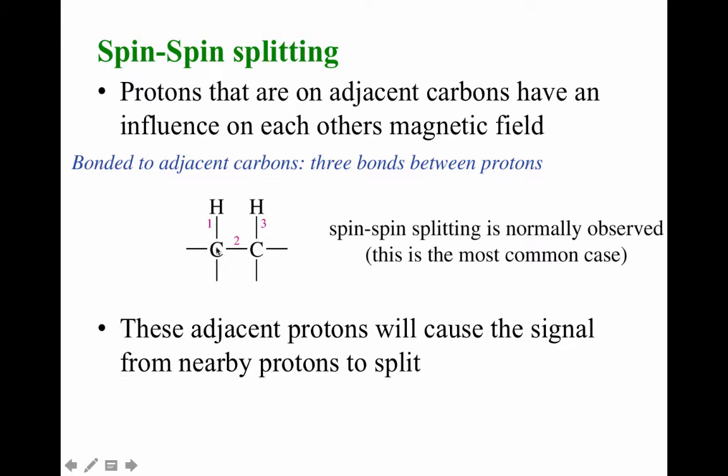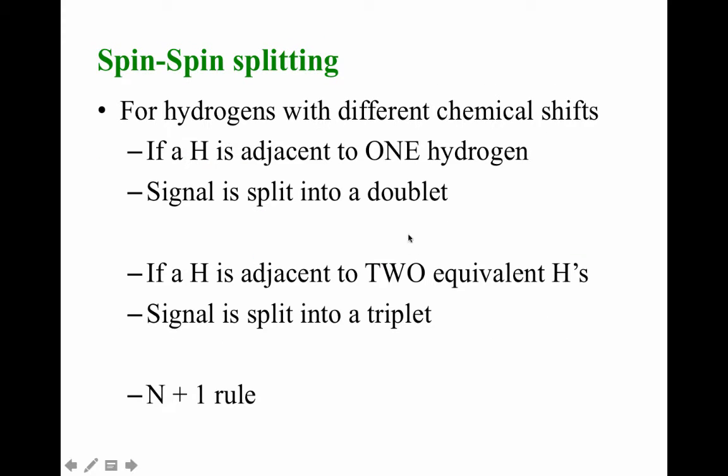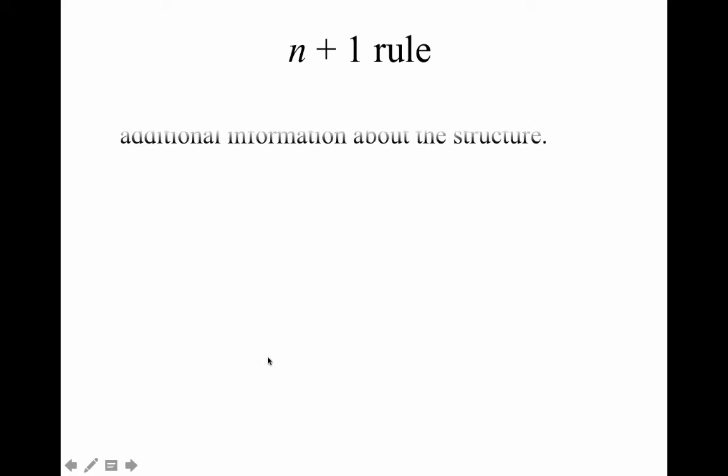What they do is they cause the nearby protons to split, the signal to split. So if I have a hydrogen that is adjacent to one other hydrogen, the signal is going to be split into what's called a doublet. If a hydrogen is adjacent to 2 equivalent hydrogens, that signal is going to be a triplet. Okay, so it's called the N+1 rule.